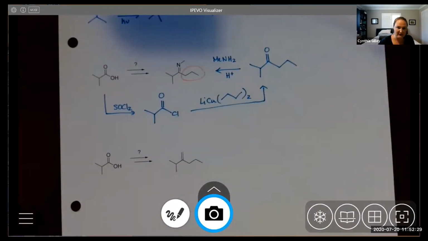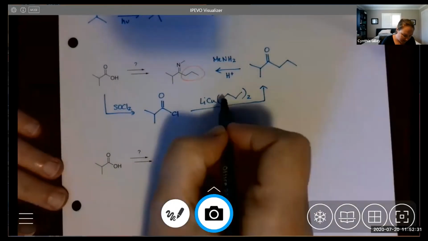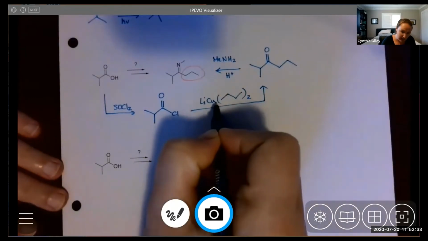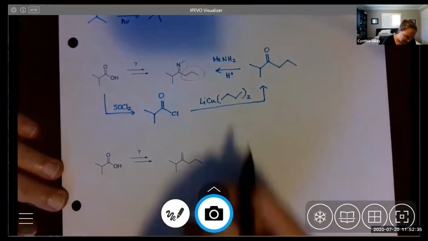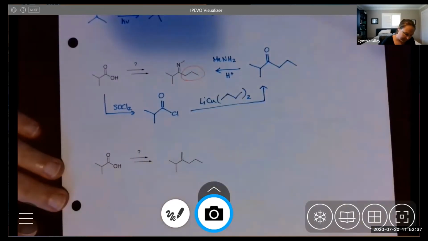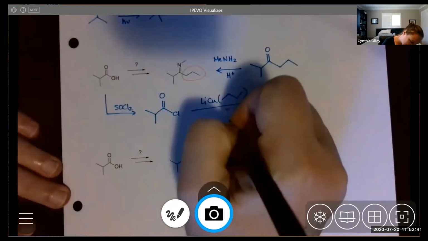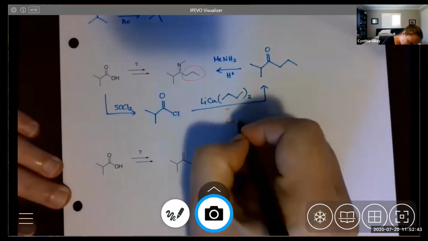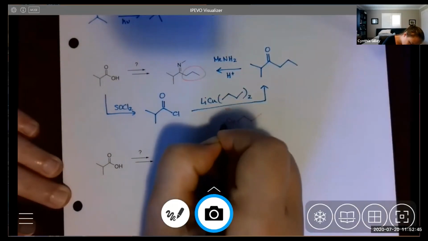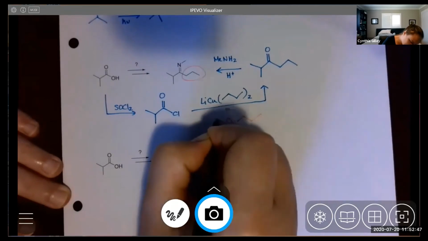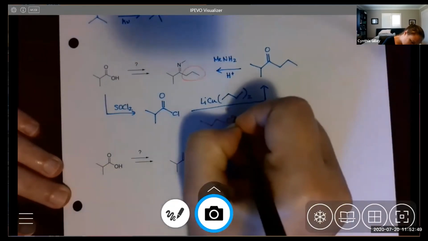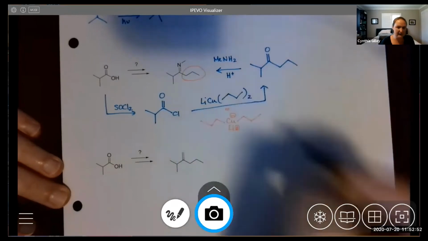I want to point this out. This carbon is bonded to the copper. I'm going to draw that out as the bonds to the copper. It's kind of ionic too.